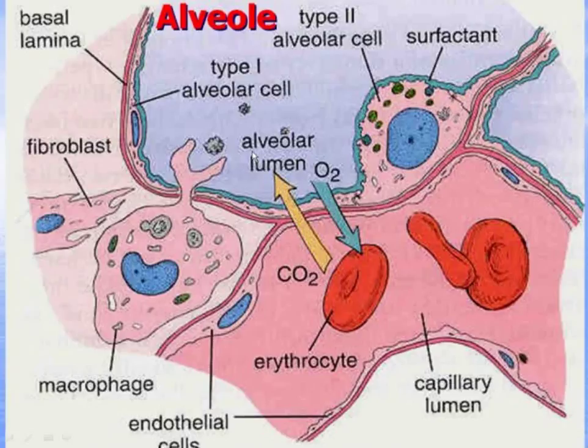The second type of alveolar cells are type 2 alveolocytes. These are secretory cells which produce surfactant.